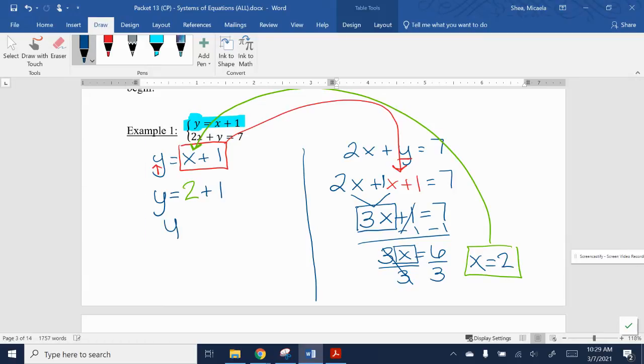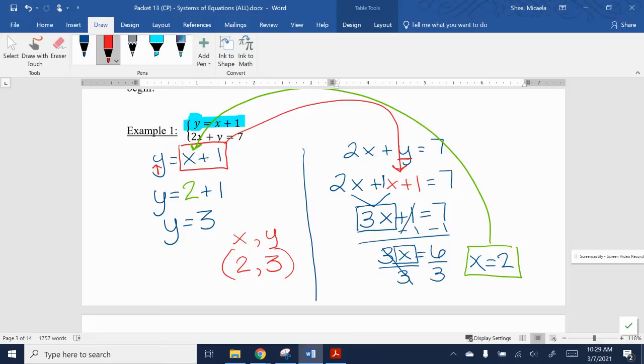So 2 plus 1 is 3, so y equals 3. You're not going to be completely done until you write your ordered pair. Remembering an ordered pair is an x comma y. So what is our x value? 2. What is our y value? 3, which means these two lines would cross at 2, 3.